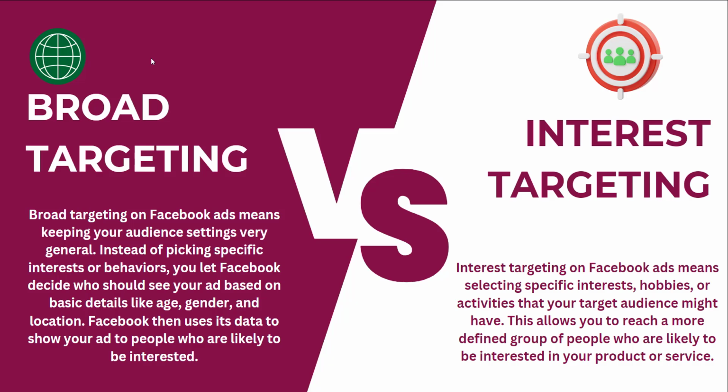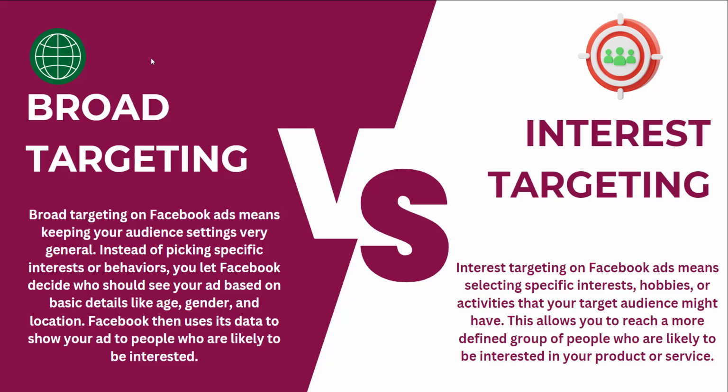So when I do all of these selections, I then allow Facebook to use their data to track the kind of people that will be interested in what I am promoting. I'm not adding any interest option like, for example, shoes and brands of shoes and all of that. No, I allow Facebook to do the work for me. So that is it for broad targeting.